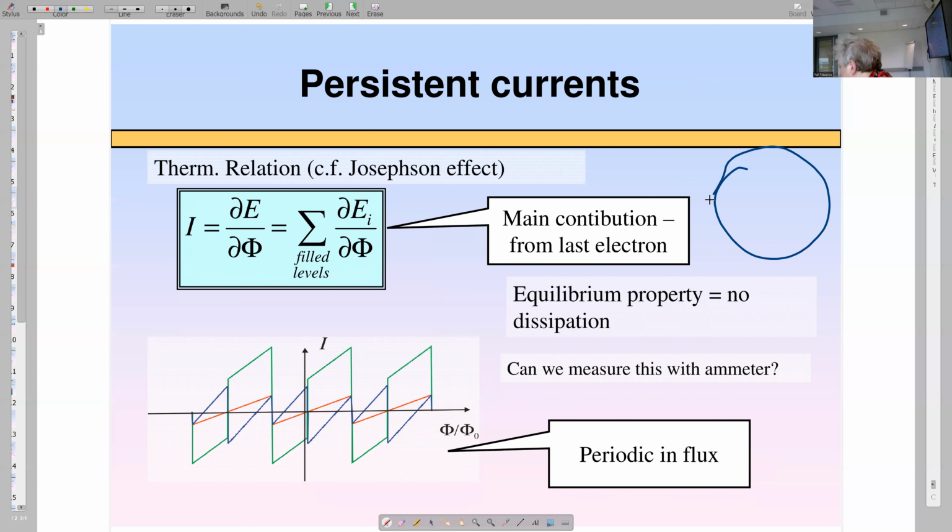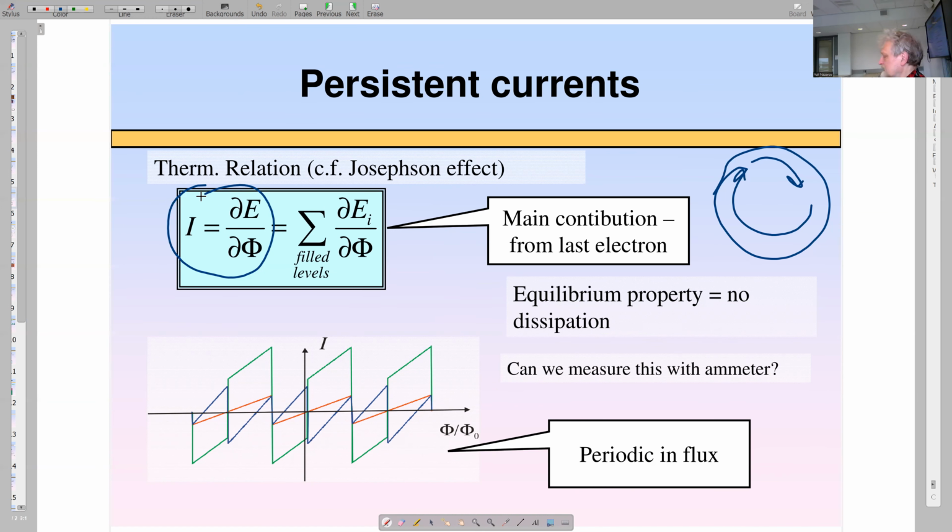Nevertheless, if you have a dot, which doesn't have to be spherical in shape, and you apply a magnetic field, there is some circular current going on, even in the ground state of the dot. So there is a relation between this current and the energy of the dot. This relation is very similar to the Josephson relation we looked at, but for this circular current. The derivative of energy with respect to flux just gives you the current.